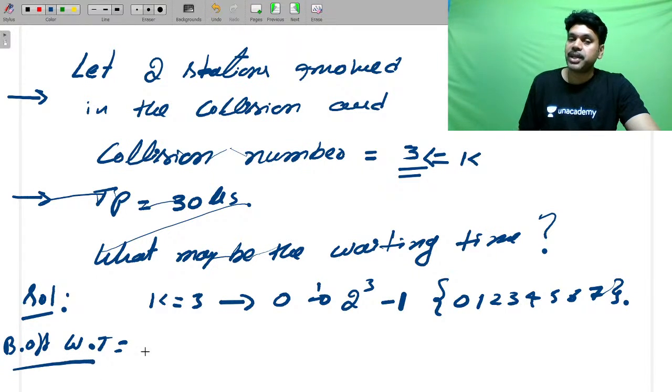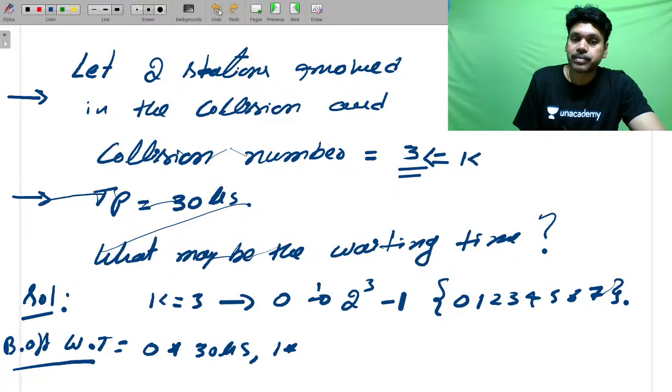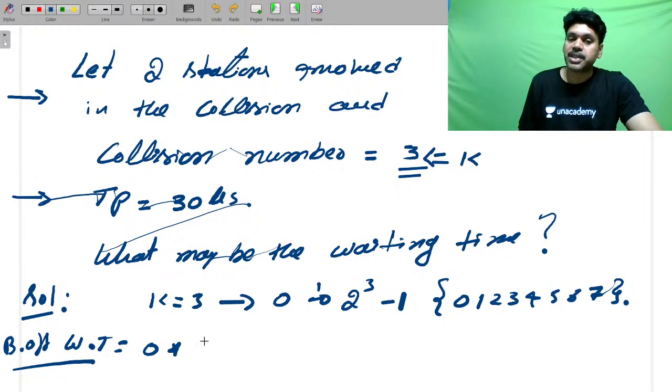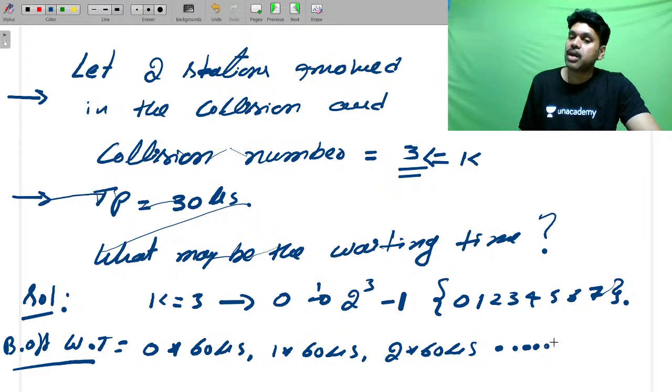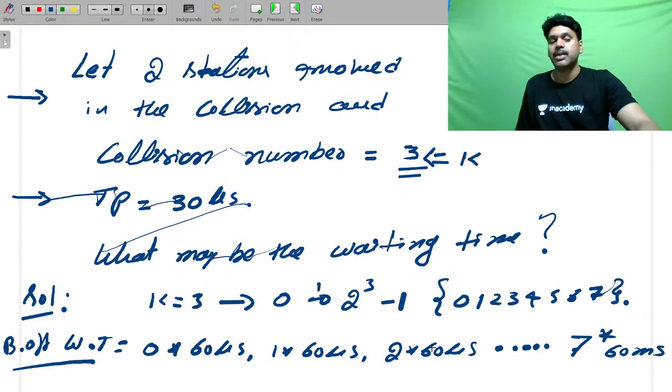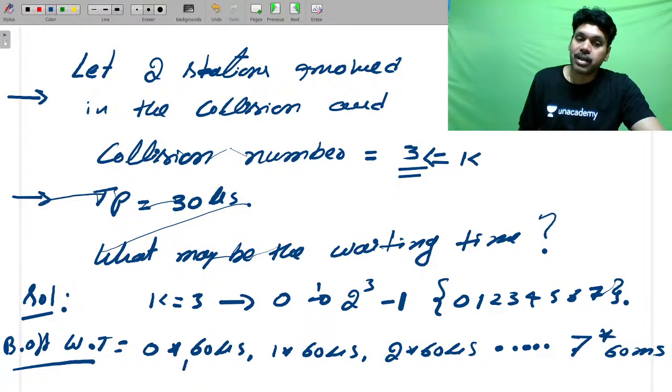Your backoff waiting time is nothing but 0 into 2 into TP, that is 0 into 60 microseconds, or 1 into 60 microseconds, or 2 into 60 microseconds, and so on, maximum 7 into 60 microseconds. Please understand, this is the meaning of an example, minimum time and maximum time.